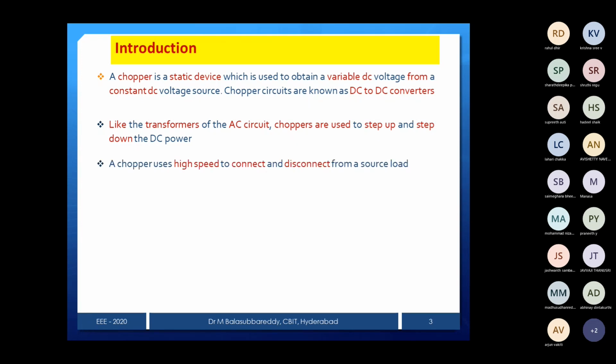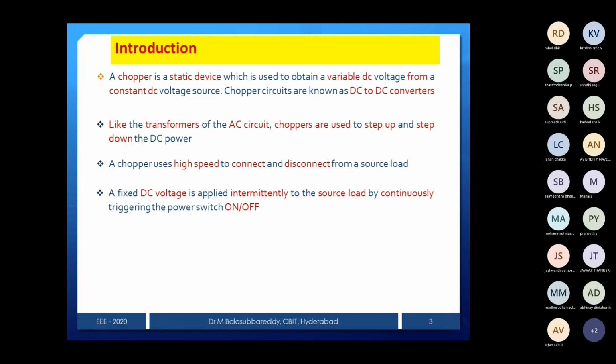This will be a high speed connect and disconnect, like on and off switch, but the switching frequency is at a very fast rate we are using to turn on and turn off the device. So the switch will be there in between the source and load. We are operating the switch at very high frequency, and then we will get the average output voltage going to be controllable. This will be used in DC drive applications, then electric cars and conversion of wind and solar energies.